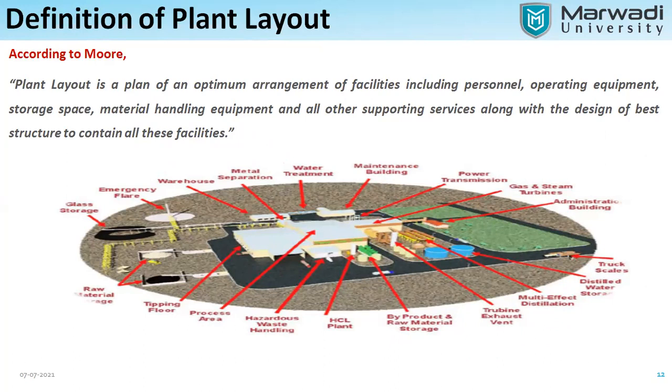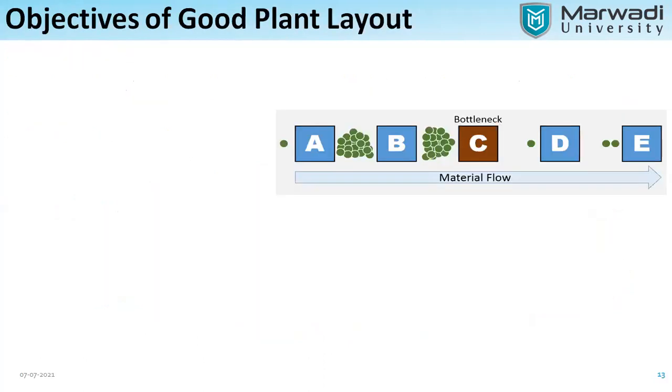So it adds up to the plant layout in such a way that it is a plan to have the optimum arrangement of all the facilities that include personnel, operating equipment, storage space, material handling equipment, and all the other supporting services, which will make this design the best structure to contain all these facilities.